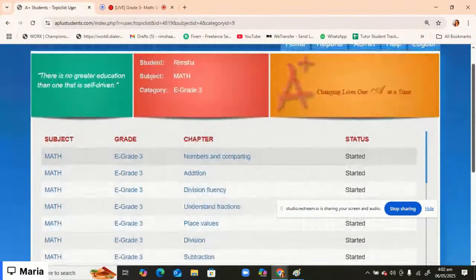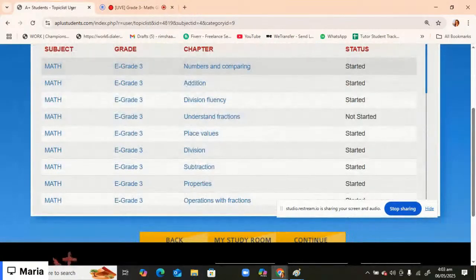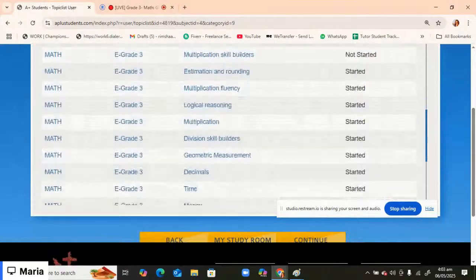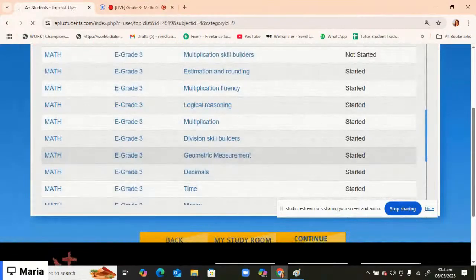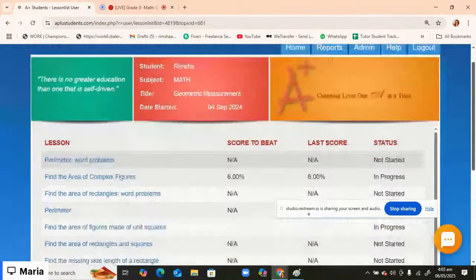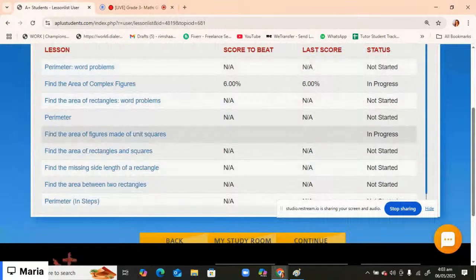Select maths from the subject tab. Scroll down to grade 3. Now here is the list of the chapters, and we are on the chapter geometric measurements. And here is the list of the lessons. So today we are on this one, find the area of the figures made of the unit squares.